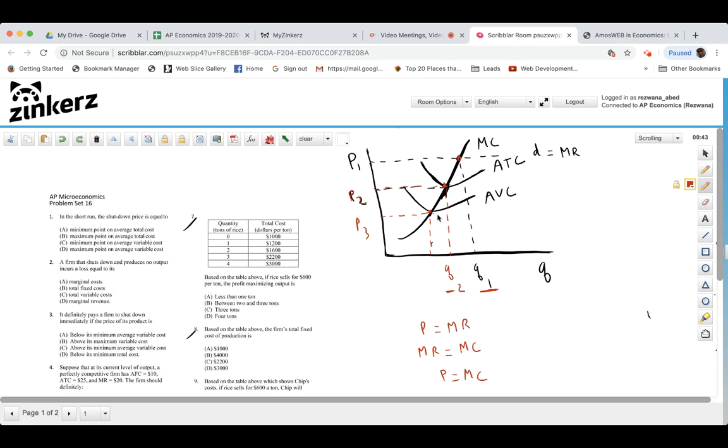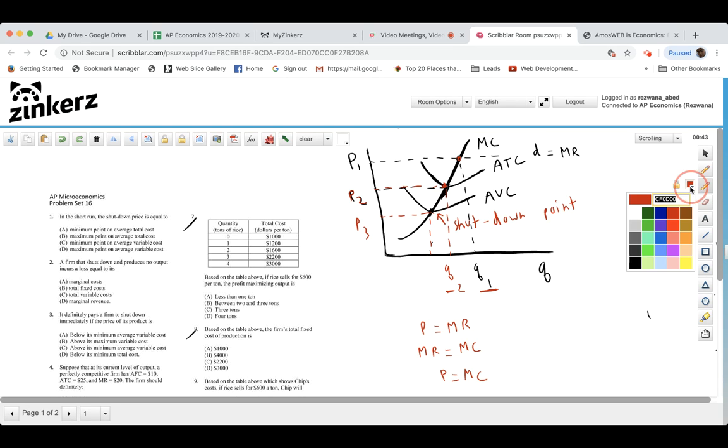But this point is also interesting because we said that this was the shutdown point. It tells us that if the price is ever lower than this minimum point of the average variable cost, you're going to shut down, right?